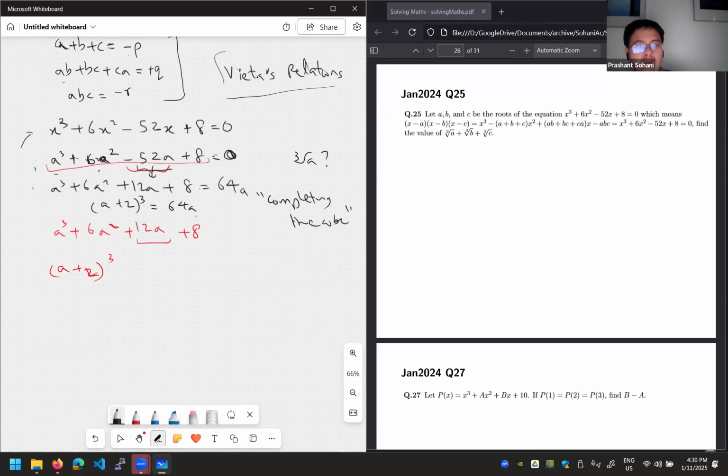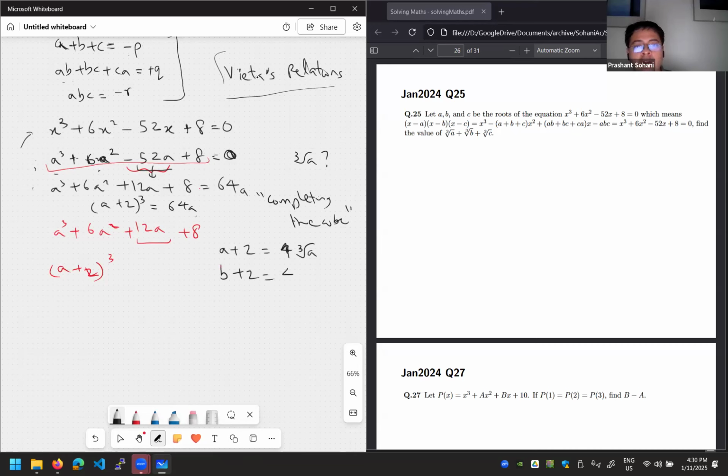And now if I take the cube root of both sides, I'm going to get a plus 2 is equal to, and cube root of 64 is 4 conveniently. So I'm going to get a plus 2 is equal to cube root of 4 times cube root of a. And whatever we did for a, we can do the same thing for b and c also.